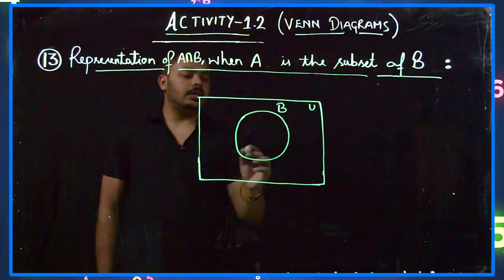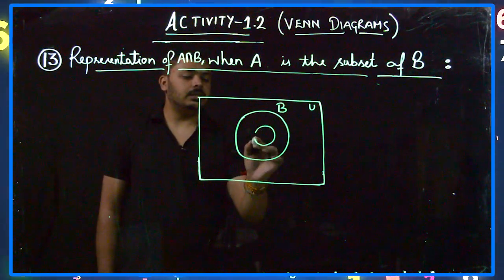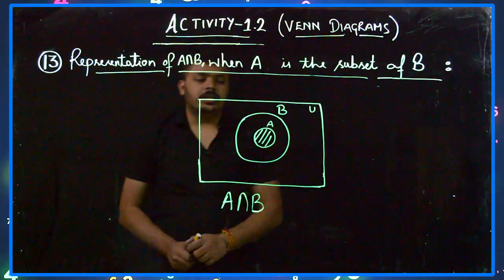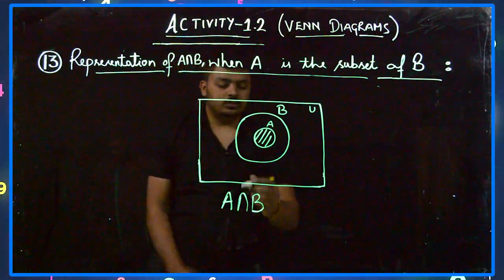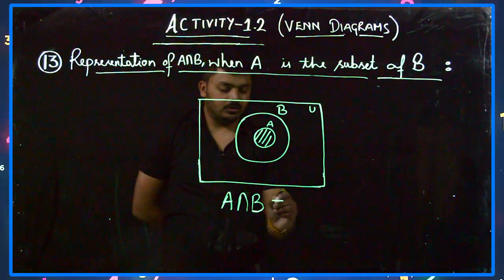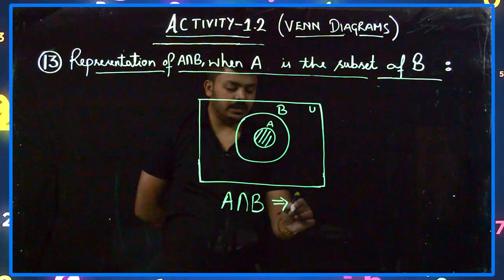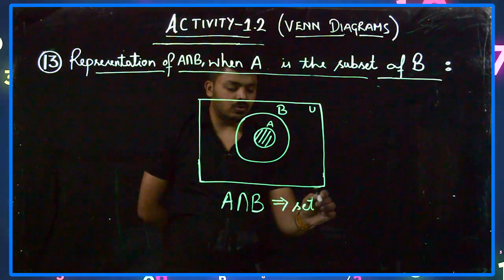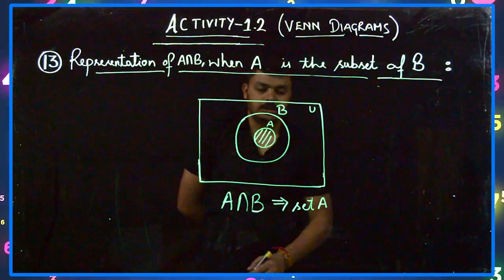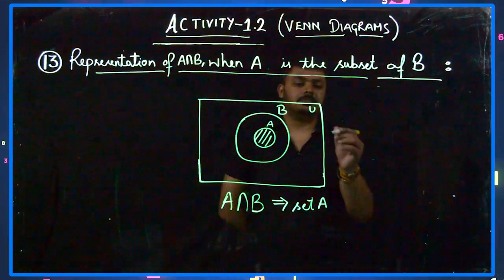Set B, and A is the subset, that is, A is contained in B. Since A is a subset of B, A intersection B corresponds to set A. That is, all the elements of set A are equal to A intersection B.